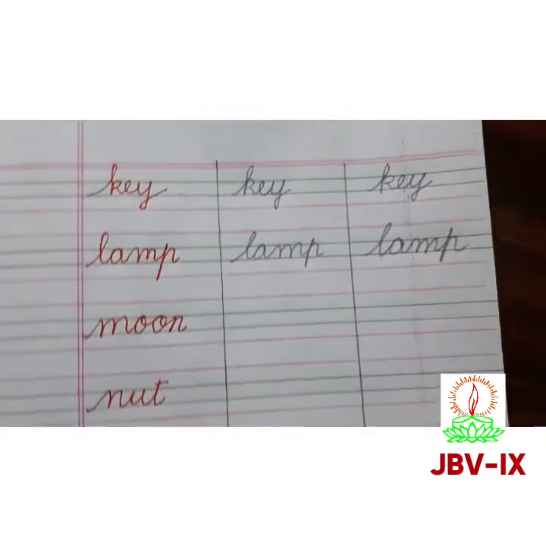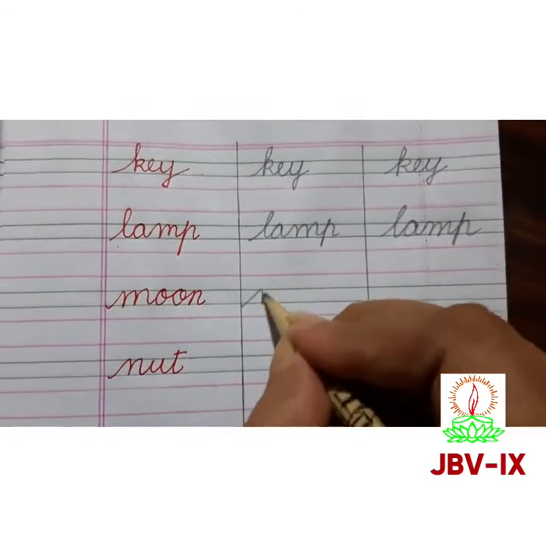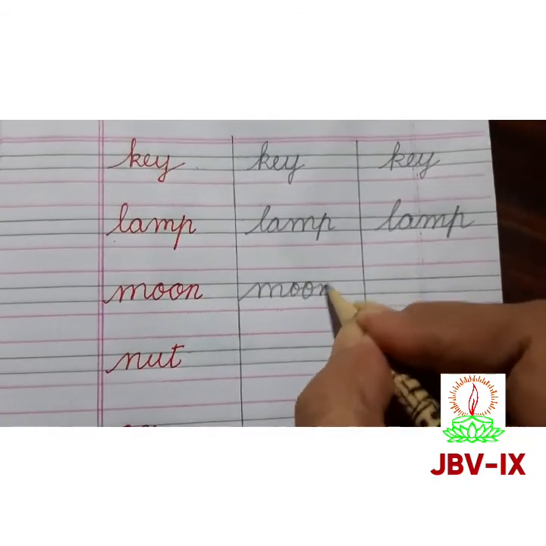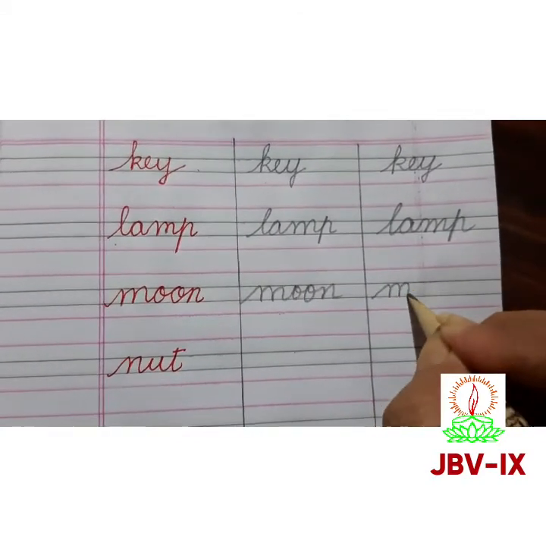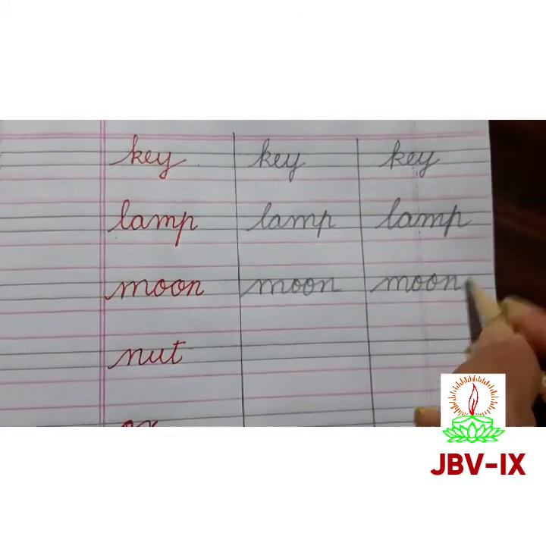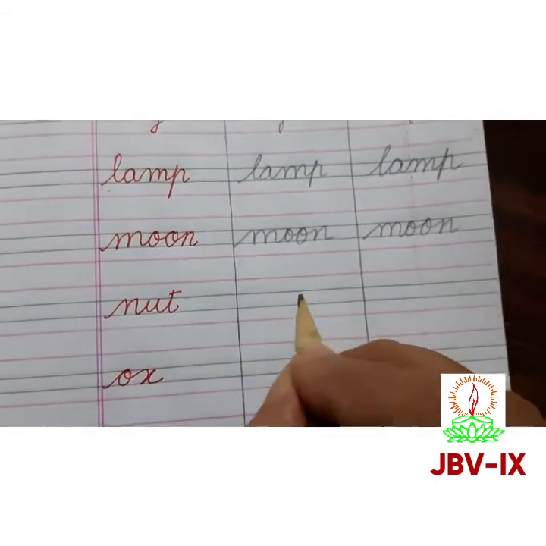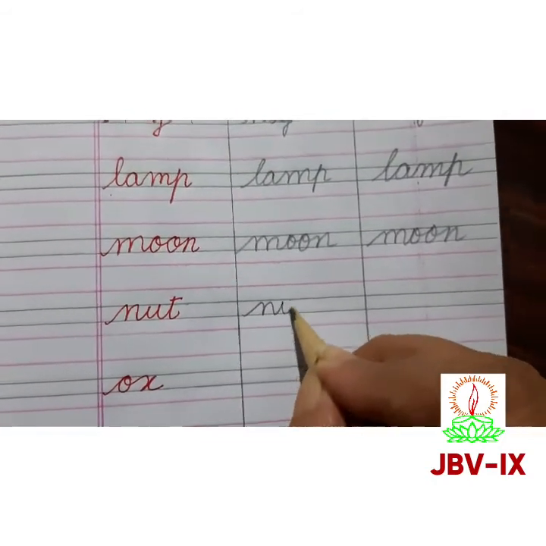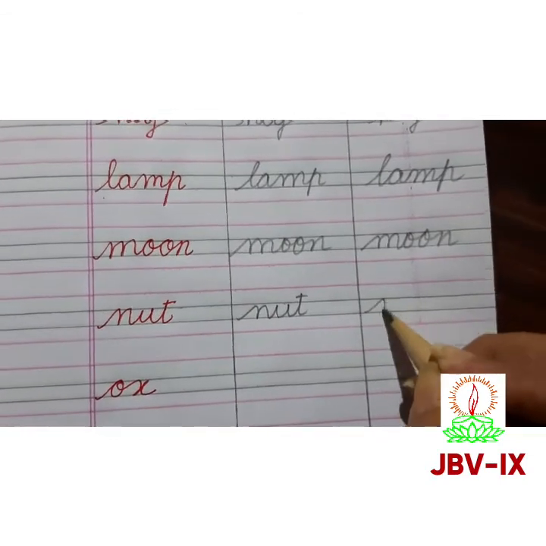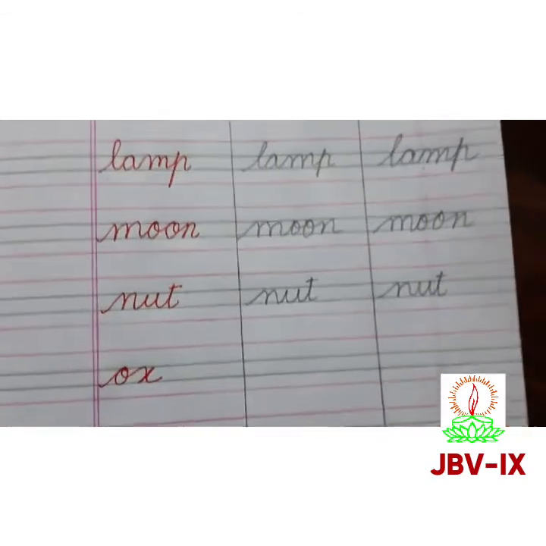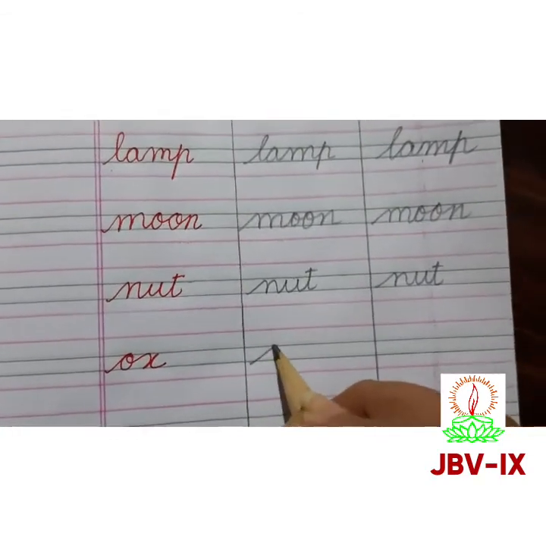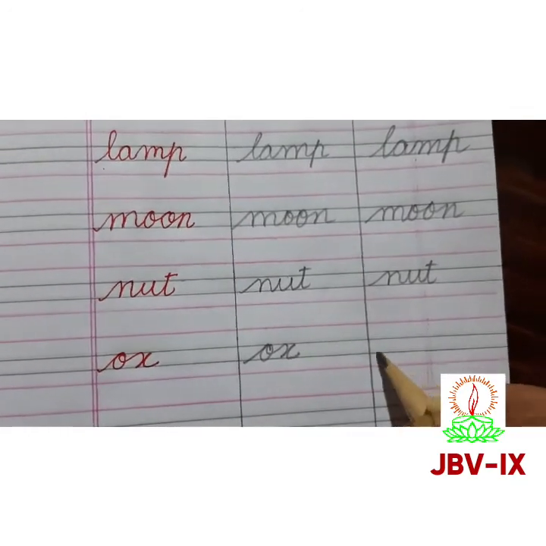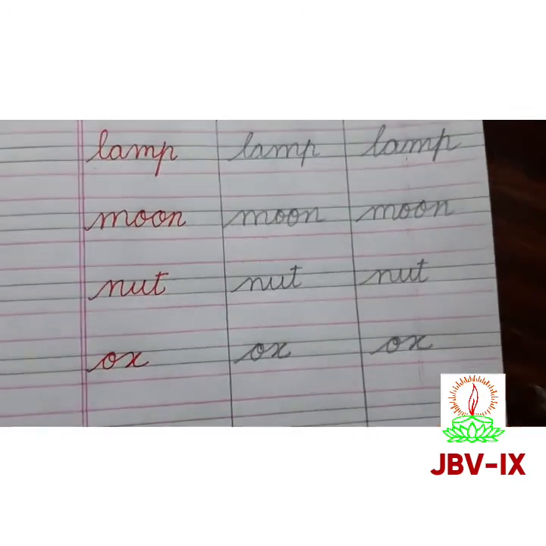Next is moon, M-O-O-N, moon. Next comes N for nut, N-U-T, nut. Next comes ox, O-X, ox.